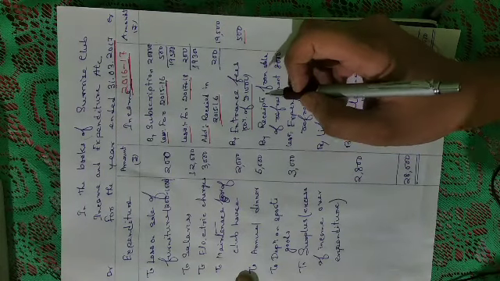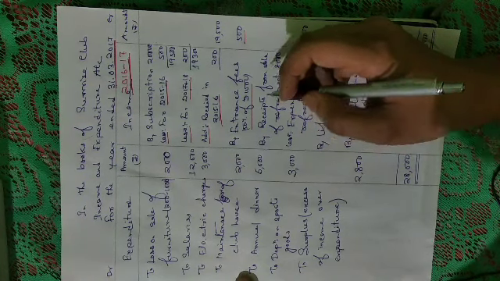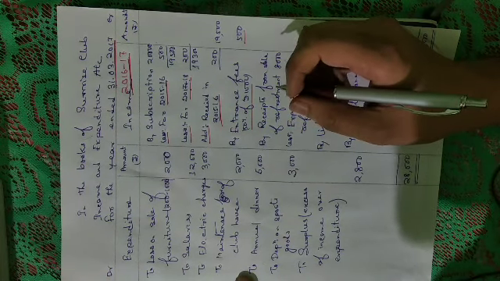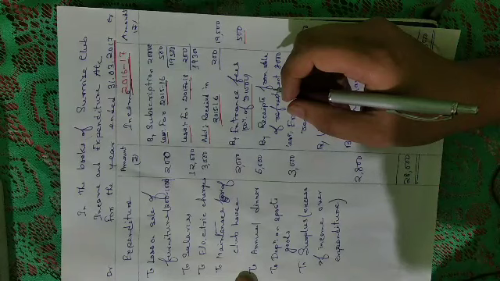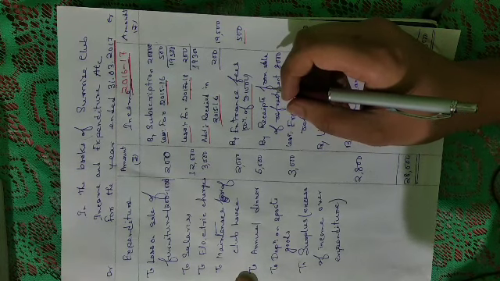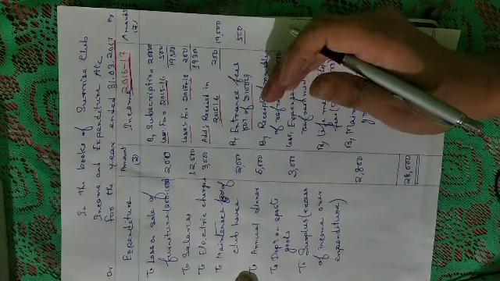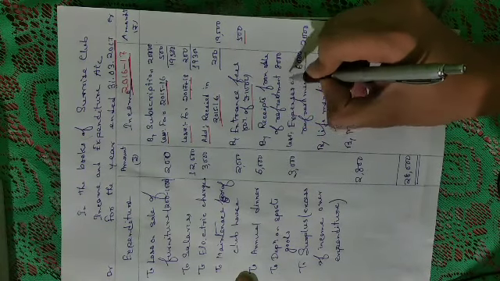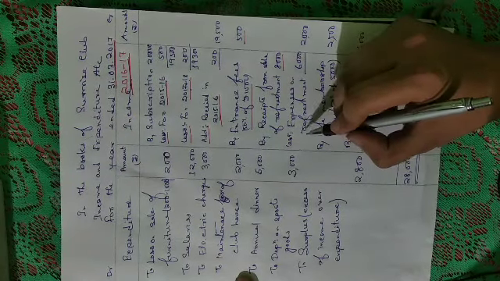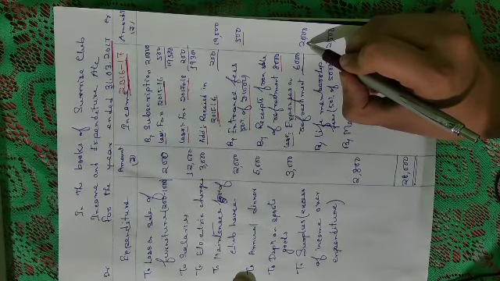Next, receipts from sale of refreshment is 8000, and on the payment side expenses on refreshment is 6000. So receipt is greater than expenses; on the income side we add sale of refreshment 8000 and less the expenses on refreshment 6000, total income is rupees 2000.